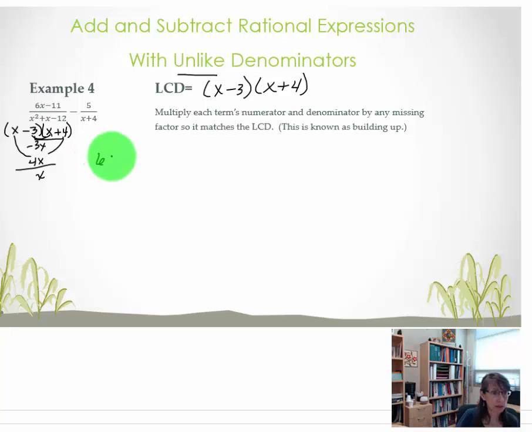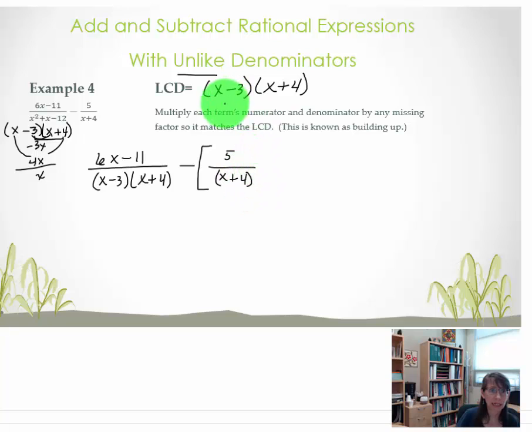So we'll start with 6x minus 11 over its denominator in factored form. This denominator already matches the LCD, so it does not need any building up. Since it's a subtraction problem, remember, I highly recommend you use a bracket coming after that. 5 over quantity x plus 4 was given, and notice how this quantity of x plus 4 does not match the LCD.